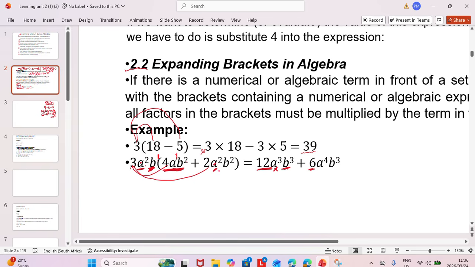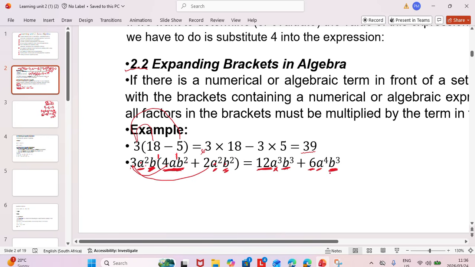So the bases are the same, we are going to add the exponents. You will have a to the power of 4. 2 plus 2 is 4. Then we move to b. b is to the power of 1. Multiply by b to the power of 2. The bases are the same, we add the exponents. 1 plus 2, you are going to get b to the power of 3.